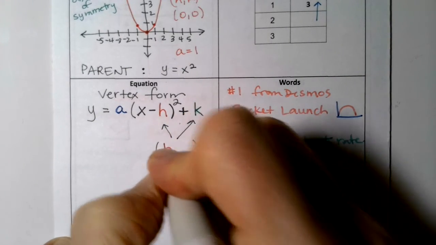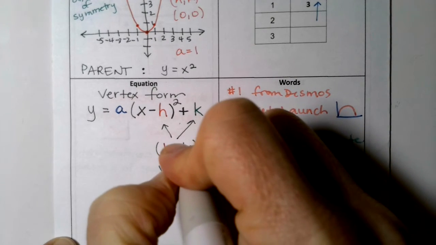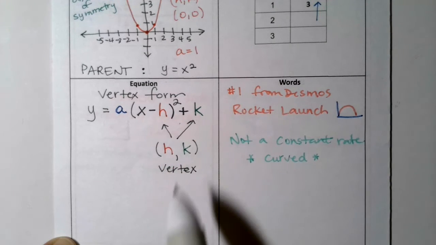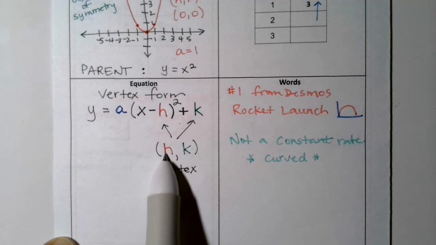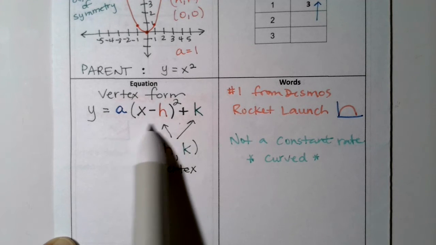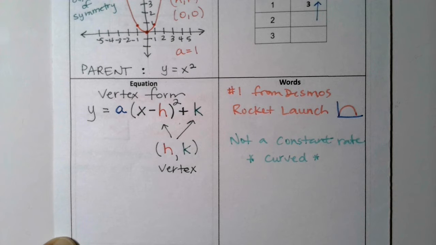So h is the x-coordinate of the vertex, and k is the y-coordinate of the vertex. And keep in mind, this negative in the equation is built in, which means what you see here, the h value, is always the opposite of the sign that's in the equation. The k value goes right in, so make a note to remember that.